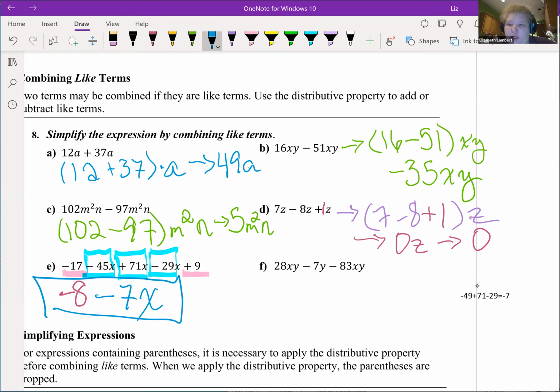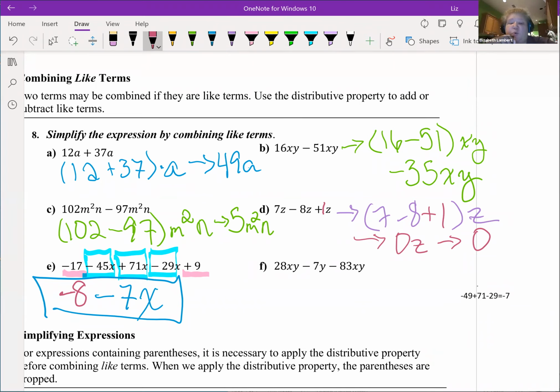Now we go looking for more like terms on F. Now, this is kind of interesting. So here, I'm not looking at what can I pull out from everybody. Like in the first couple ones, we had two terms, they were like, so I pulled out what they had in common to show you that the numbers are going to crunch together and we can combine them.